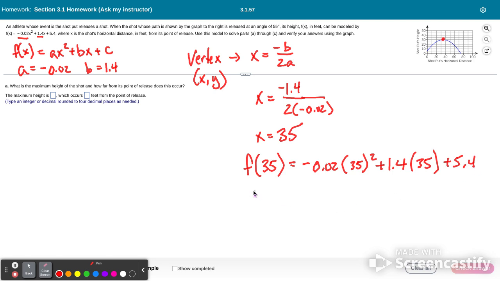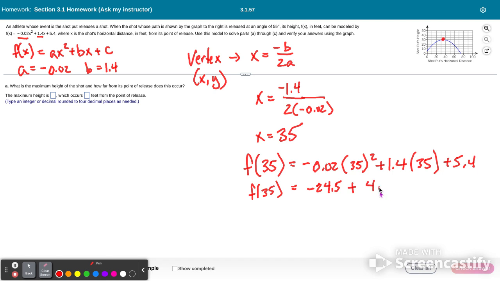I'd recommend that you plug this into your calculator a little bit at a time, unless you're really confident with your calculator. So I'm going to do 35 squared, and then take that number and multiply it by negative 0.02. The value I received was negative 24.5 plus 1.4 times 35.